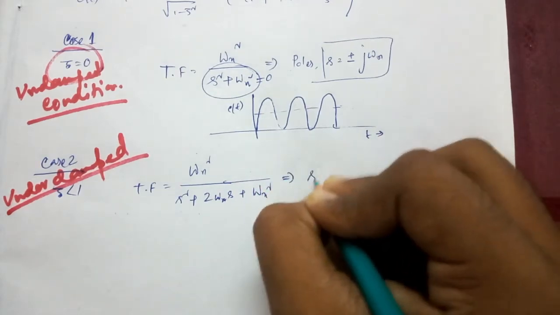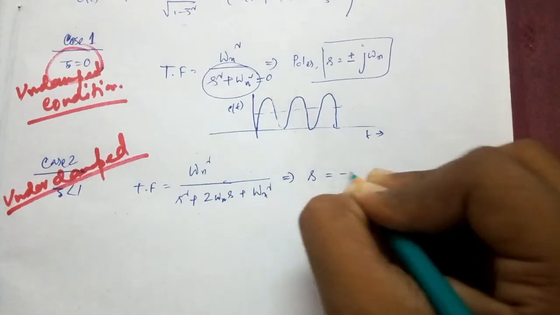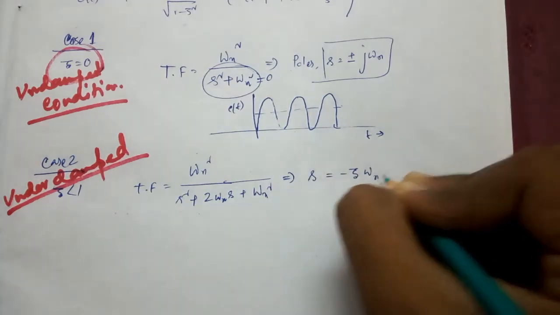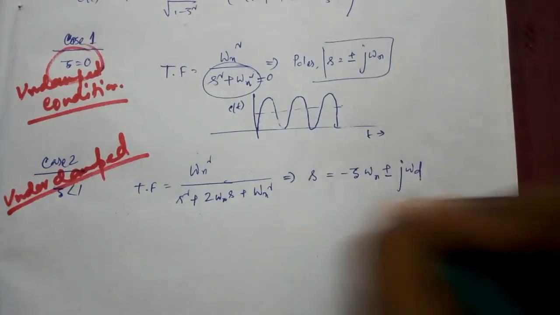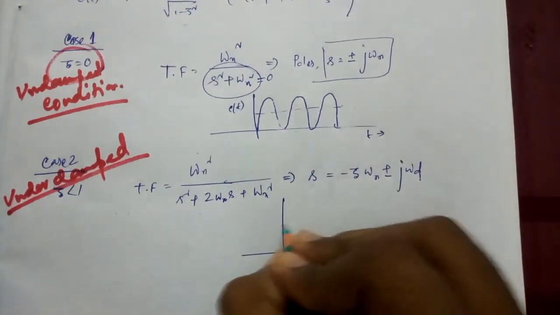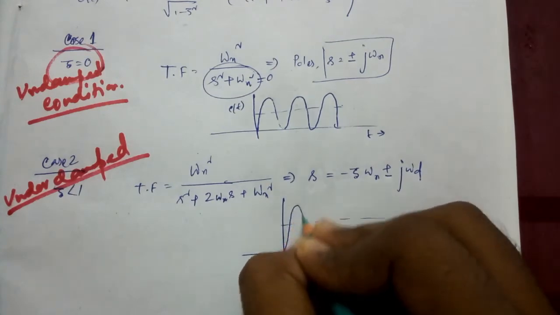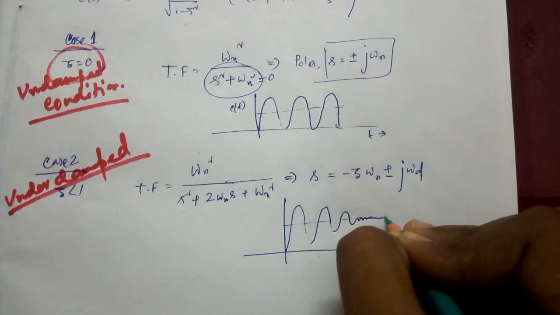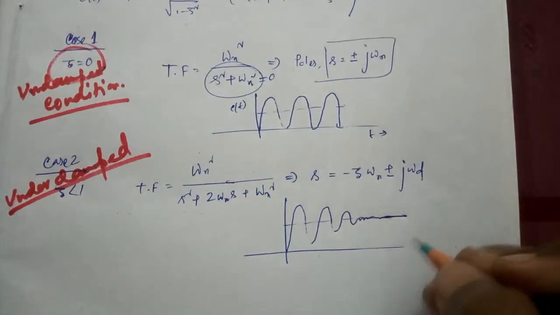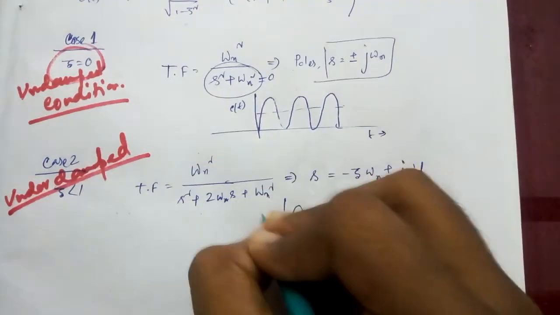From here we can find the poles value: s is equal to minus zeta omega n plus minus j omega d. In that case, the response will be the response we normally take, the previously discussed response value.